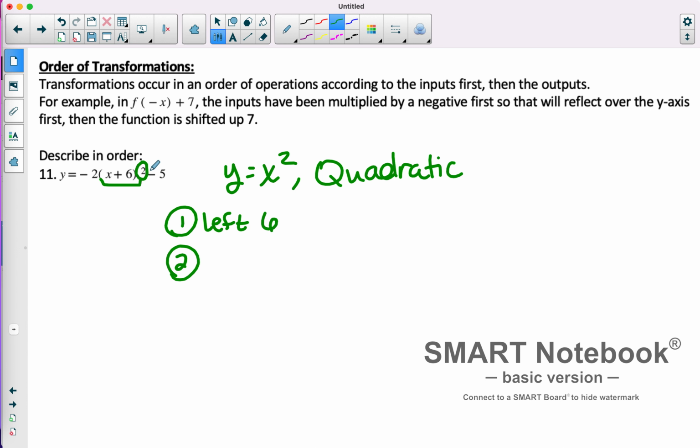Then we can work outside of the function. So outside, we see negative 2. That's actually doing two things at one time. The 2 is a vertical stretch by a factor of 2.